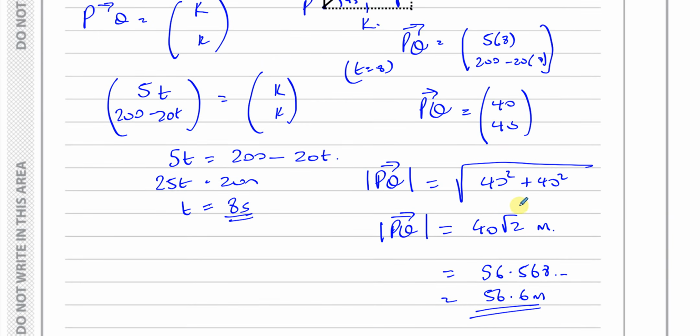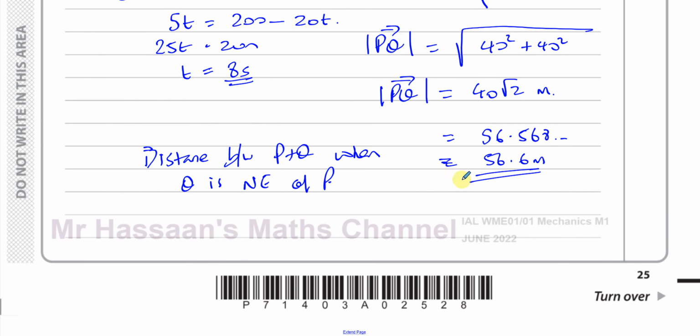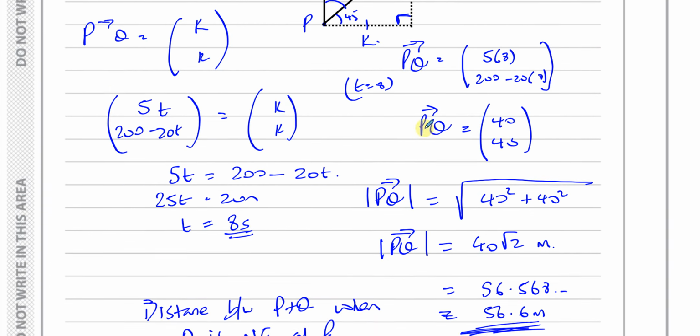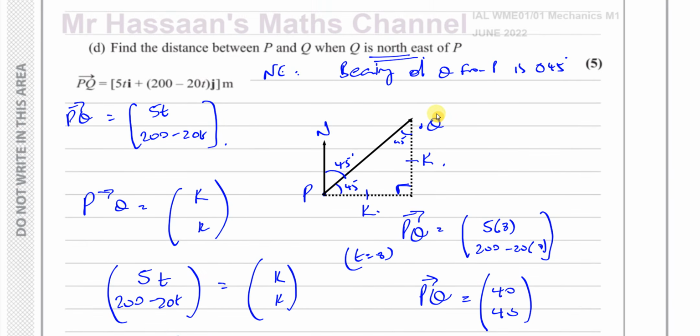That's the distance between P and Q. So we can say the distance between P and Q when Q is northeast of P is equal to 56.6 meters. Okay, so there's the answer, distance between P and Q, not plus Q. So there's the answer to part D.